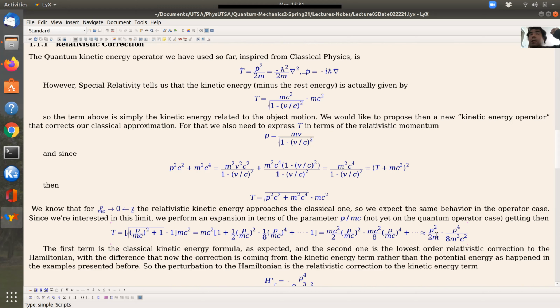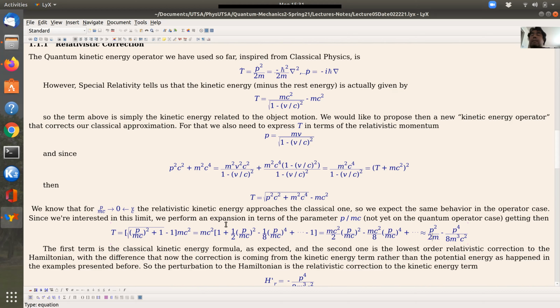And if you clean up your computation a little bit by performing these computations with the mc squared, what you get is, of course, the classical term, which is the first term when you take the limit as p over mc goes to 0. And then the first order relativistic correction, right?